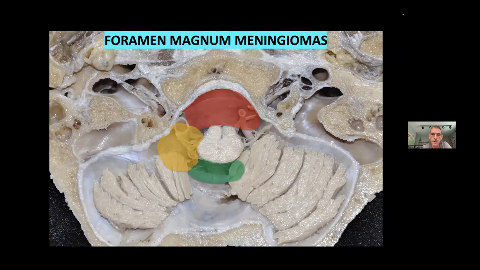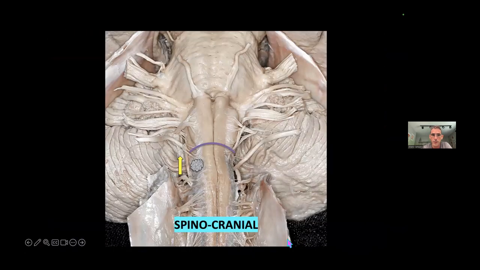The attachment of the meningioma could be anterior, lateral, or posterior. And sometimes, or usually, we have an anterolateral attachment of that kind of meningioma. I'm going to talk about anterior and lateral foramen magnum meningiomas.